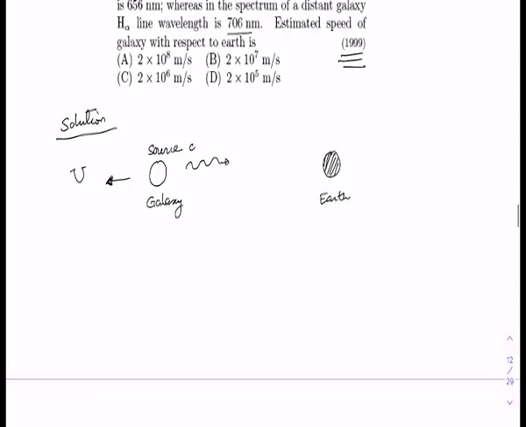Now let us work it out. The frequency as measured by the Earth, emanating from this galaxy, is, say, nu dash, and we can work it out by this formula.